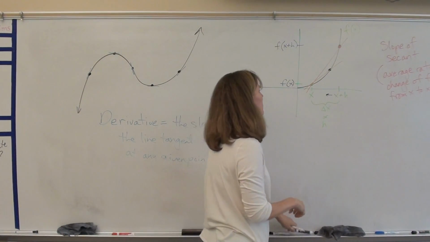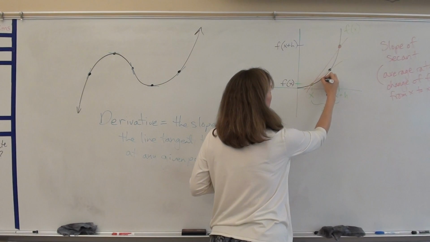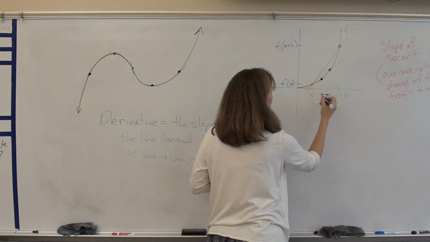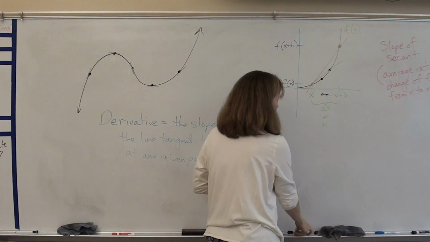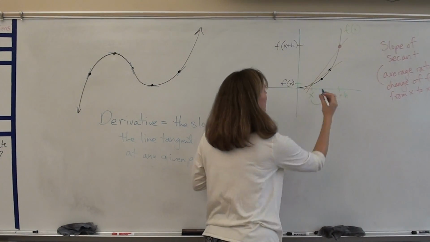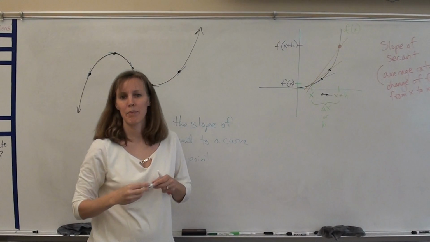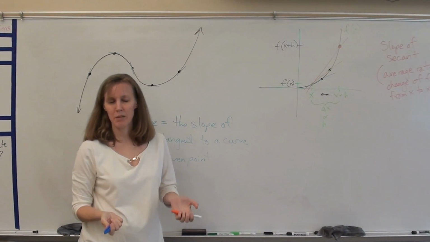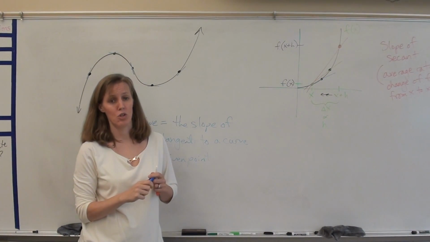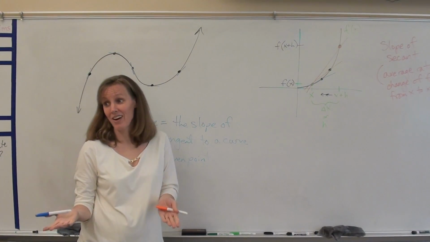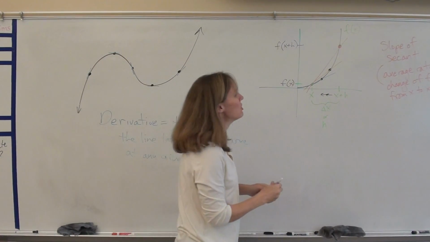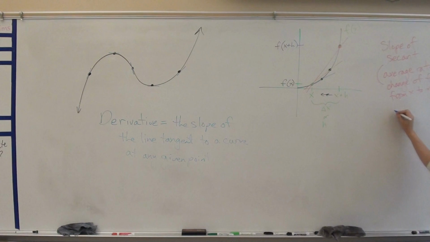So let's say I move the point a little bit closer, making my h a little bit smaller, and I draw a new secant line through those 2. Is that better? Yes, it's getting better. Is it exact? It's infinitely off.